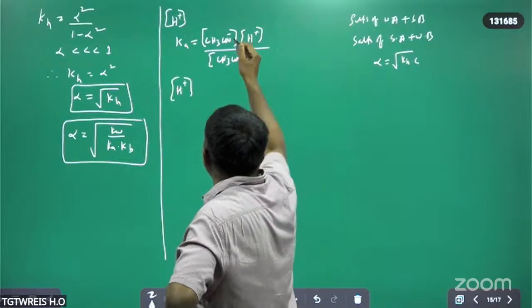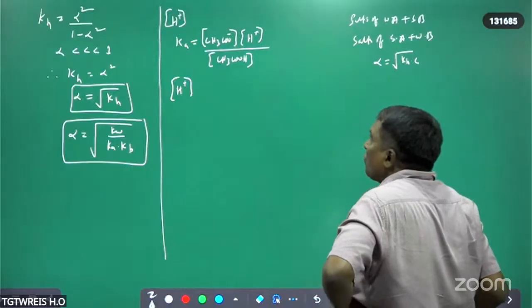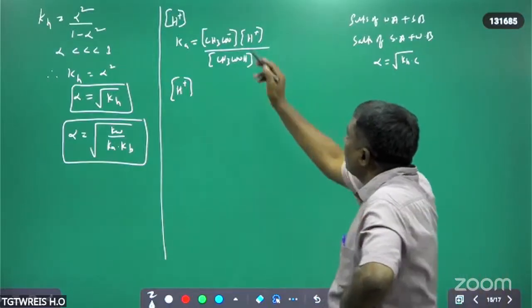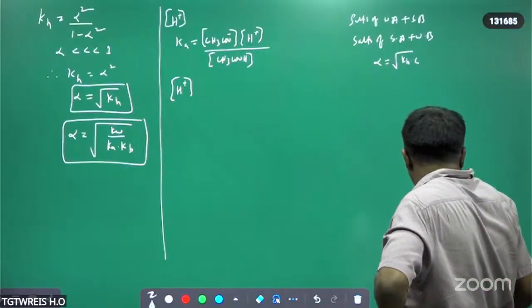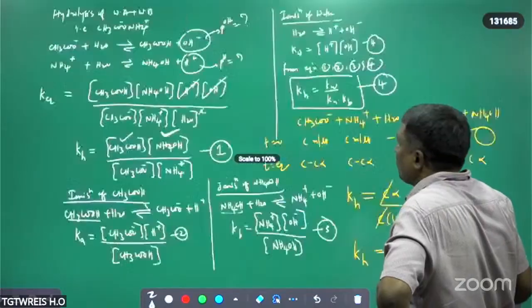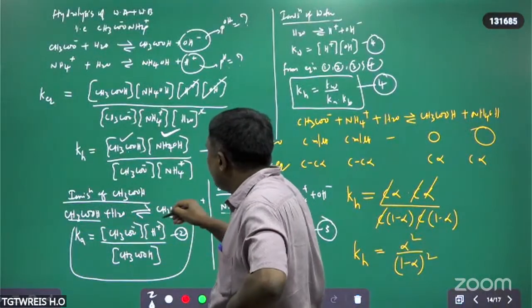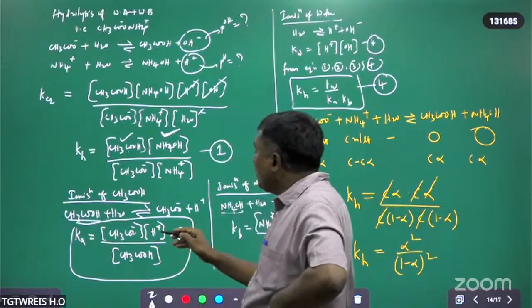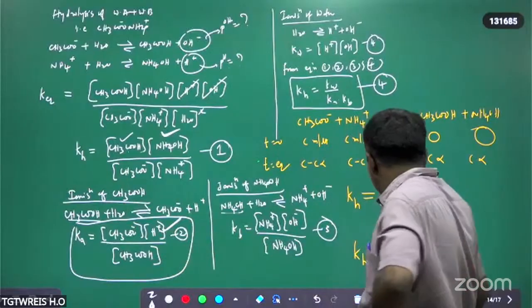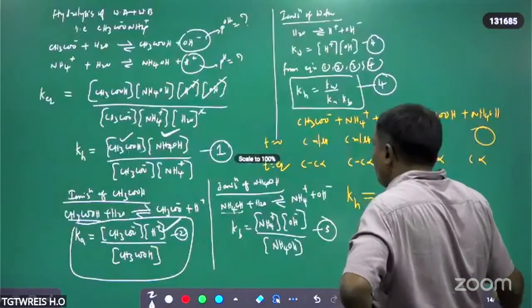So how can you get this now? This is the previous equation. So from this expression, we are calculating the H plus ion concentration.